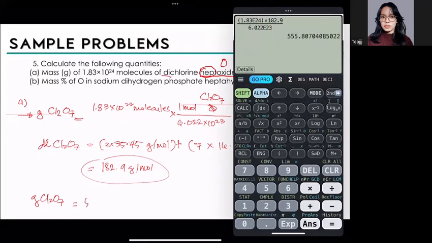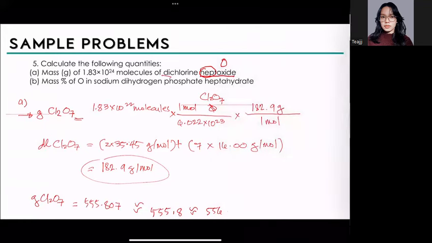So you end up with 555.807, which will be equal to 555.8, or just 556 grams of Cl2O7, right? There we go. Cl2O7. Now let's go for letter B.